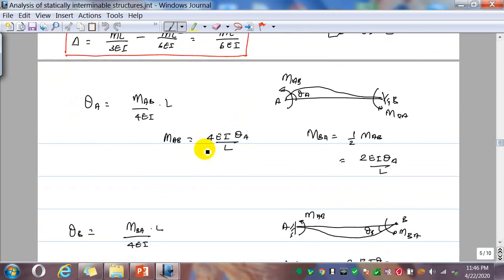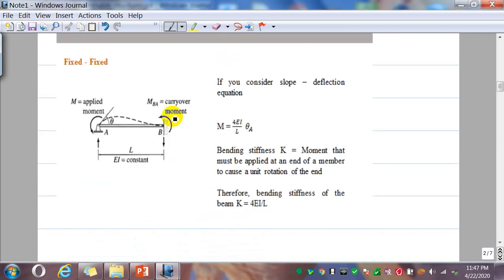Finally we developed this relationship, that M_AB is 4EI theta_A over L. When you rotate this end by theta A, the moment M_AB required is 4EI over L times theta A. So if you are applying a moment that rotates this by theta, 4EI theta_A over L is the required moment to rotate this point by an angle theta.